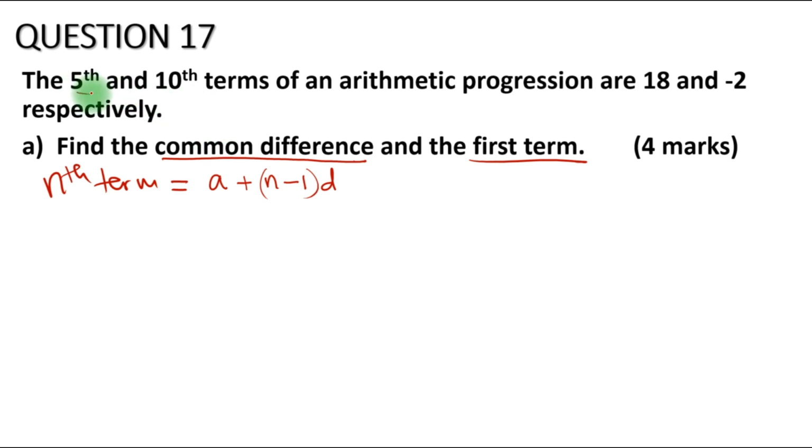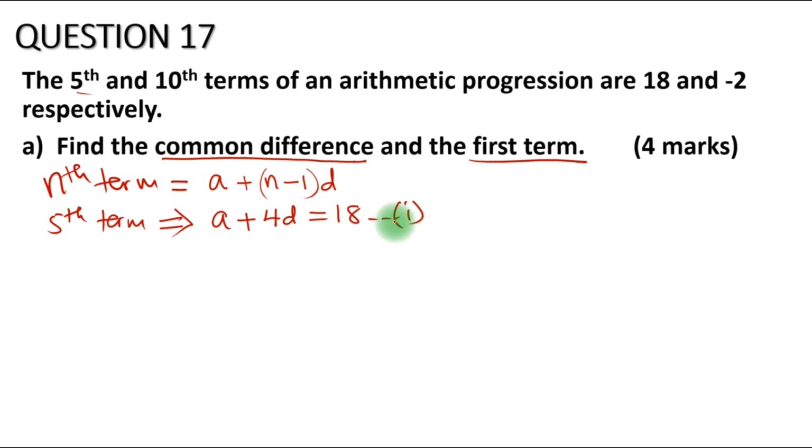We have been given that the fifth term is 18. So the fifth term is given by a plus, in our case n is 5, so 5 minus 1, which is 4, d will be equal to 18. We call this the first equation.